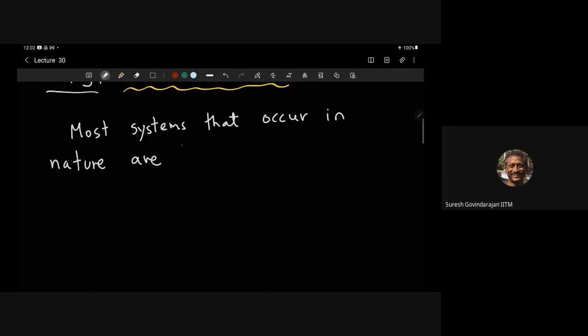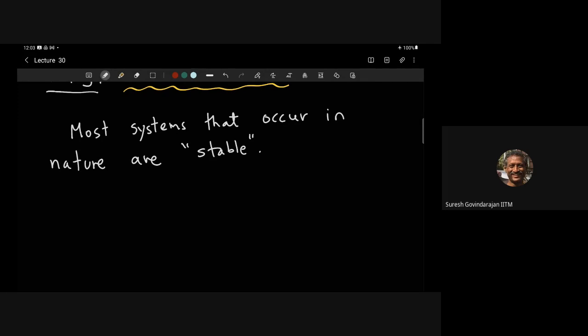Okay, so the starting point is that most systems that occur in nature are stable. You don't see things falling apart and things like that.